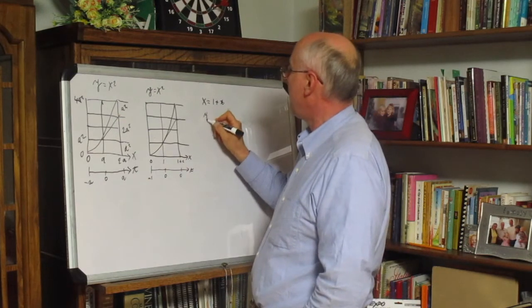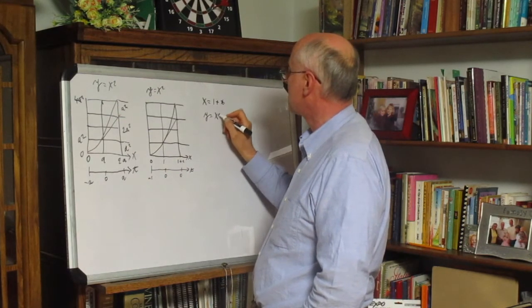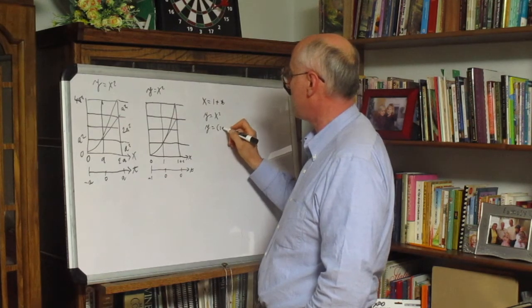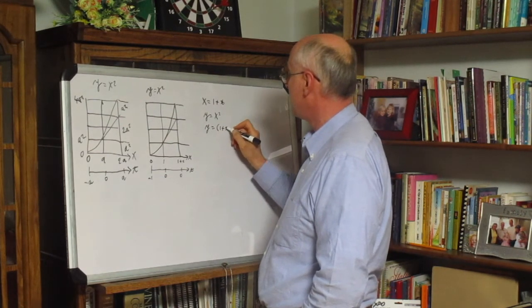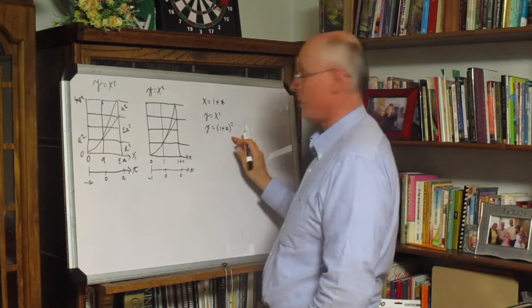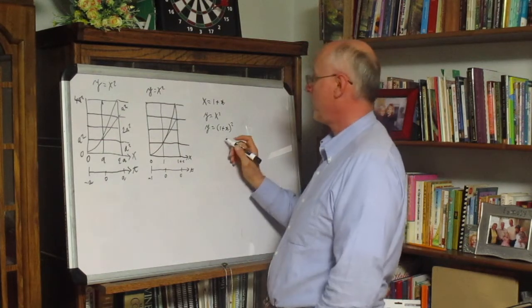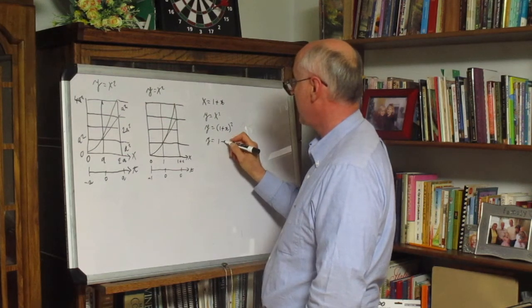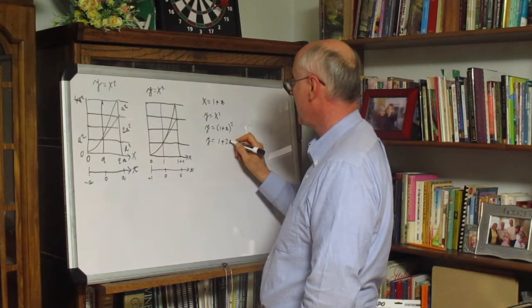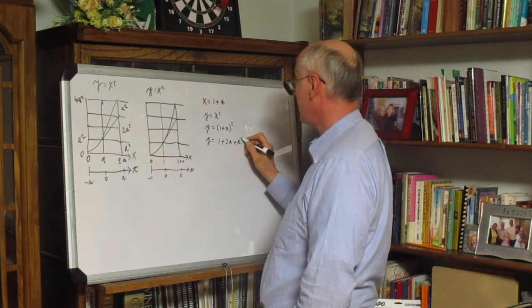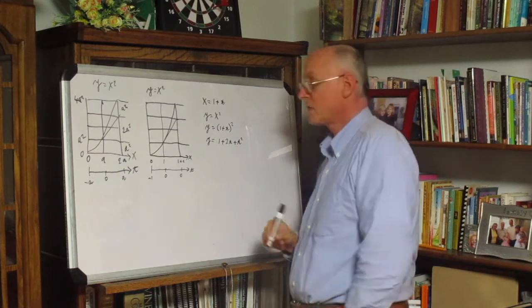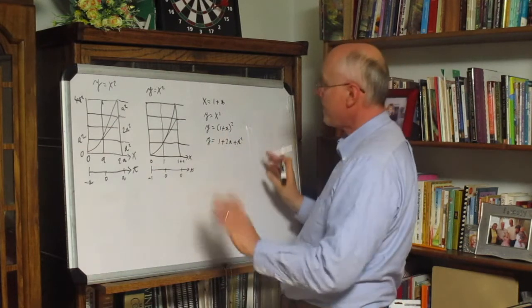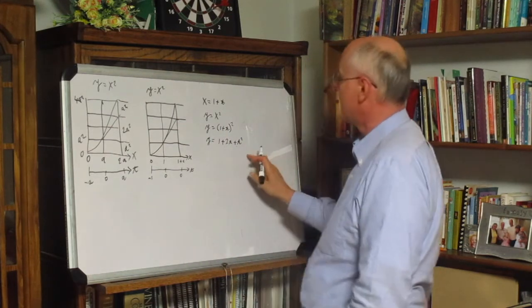Okay, so y equals x squared. That means y equals (1 plus t) squared. Crank that through: y equals 1 plus 2t plus t squared. Something similar to what I did previously, but you'll see the differences.